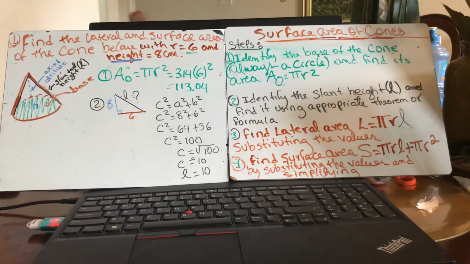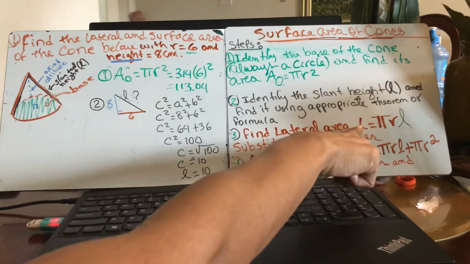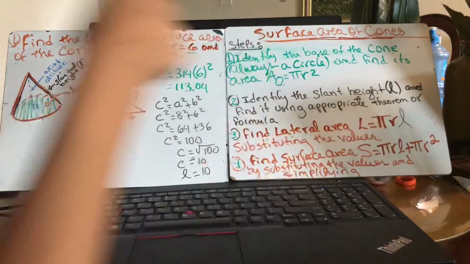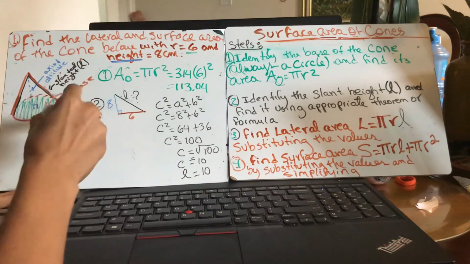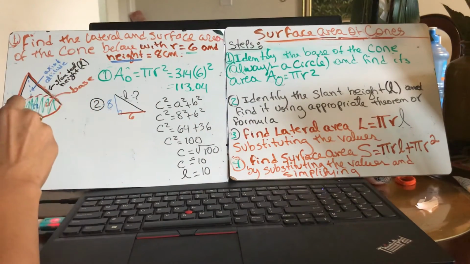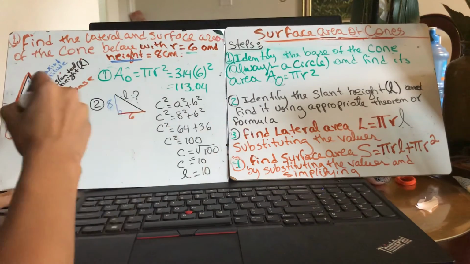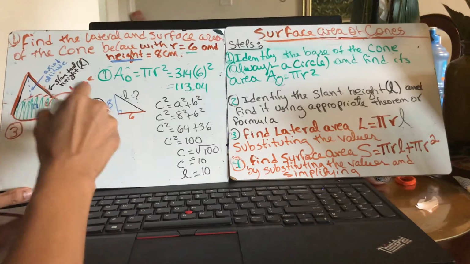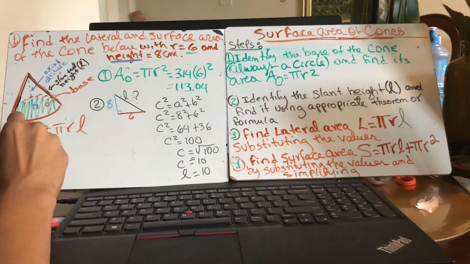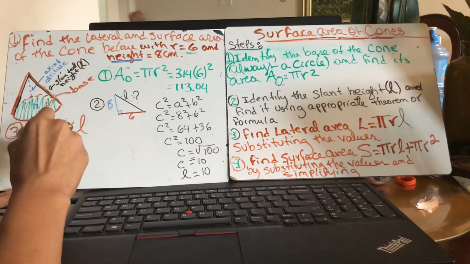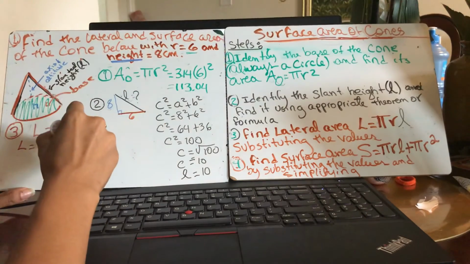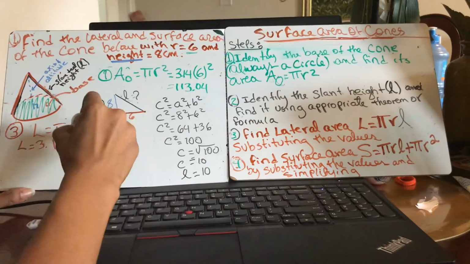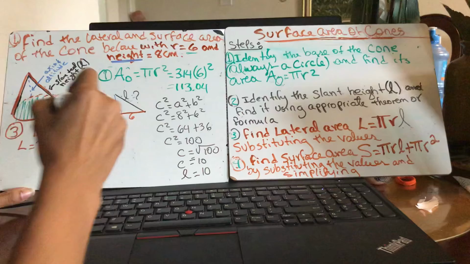Now I'm going to find the lateral area, and to find the lateral area, there's a formula. The lateral area is just pi r times the slanted height, and that is step 3. I'm going to bring it over here. Step 3: lateral area equals pi r L, or slanted height. Lateral area equals pi times my radius, 6, times the slanted height that I found, which is 10.